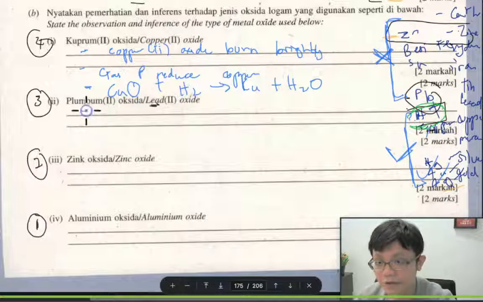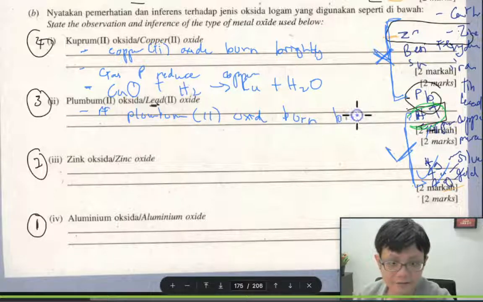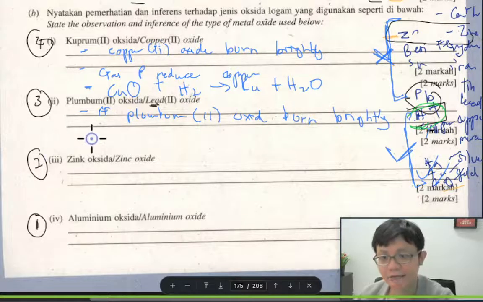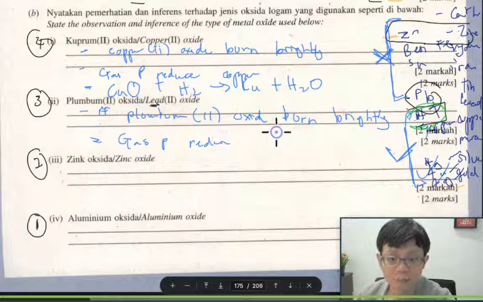So I put here, plumbum(II) oxide burns brightly, and we can say that gas P, which is the hydrogen, reduces plumbum.